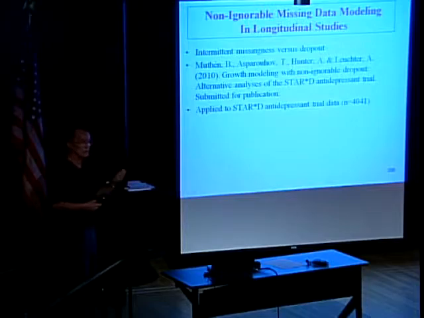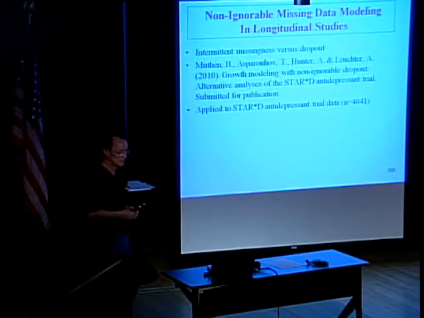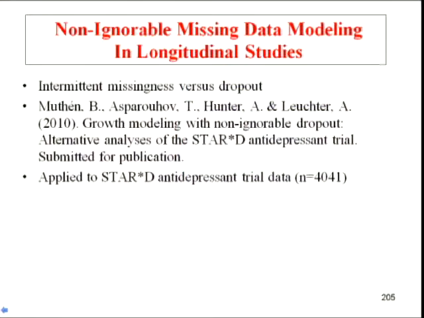And we looked at the patterns of missingness to say what the difference was. Intermittent missingness in longitudinal studies may be a less dangerous situation. It might even be MCAR, but dropouts could be MAR or may require NMAR modeling.